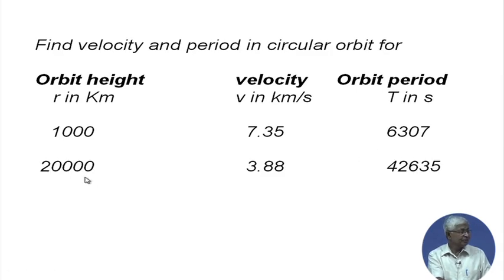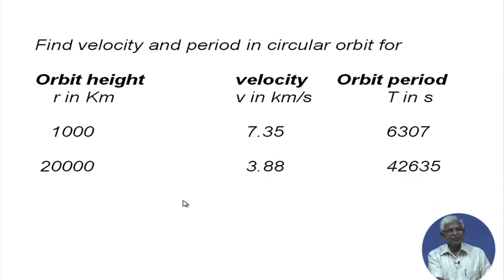At 20,000 kilometer, the velocity, again you have to calculate, 20,000 kilometer is the orbital height, and you have to add the radius of the earth, 6378 in this case, and you will get a velocity slightly less than 4 kilometer per second, and the orbital period is 42,600 seconds. Velocity has reduced.